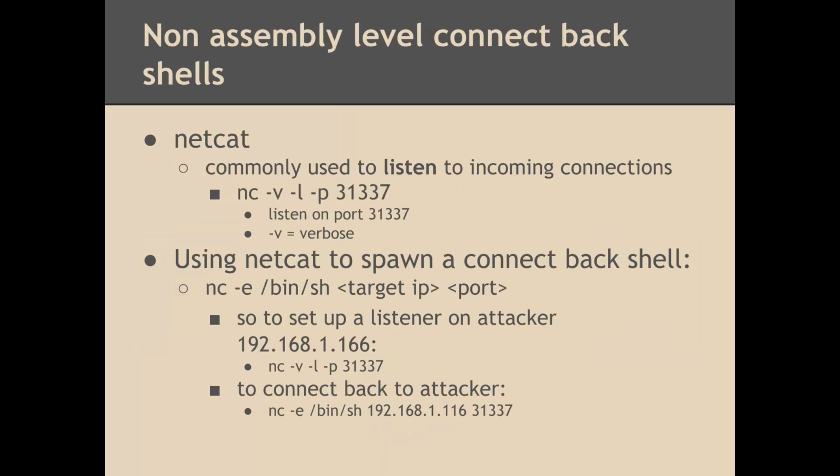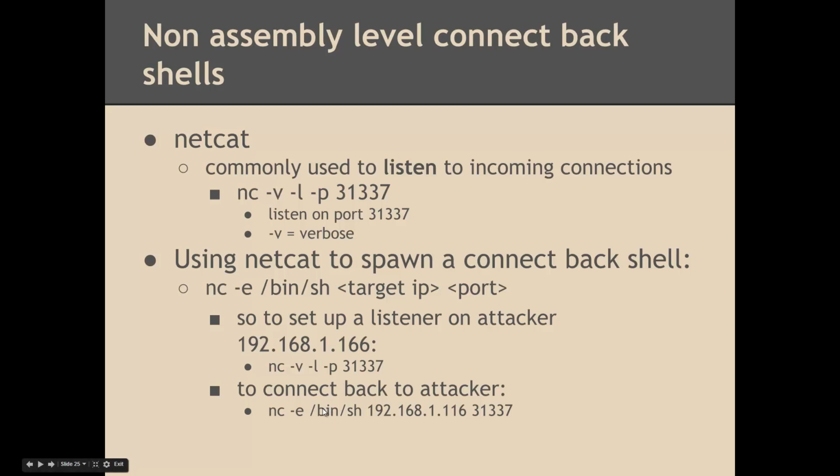So there are many forms of performing a connect back payload, and you can do it with Unix commands like netcat. It's a common Unix tool to do this. And netcat flags: V stands for verbose, L tells it to listen, and P specifies the port. E specifies what to execute.